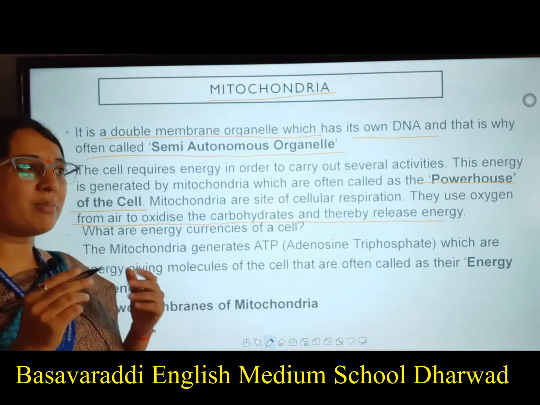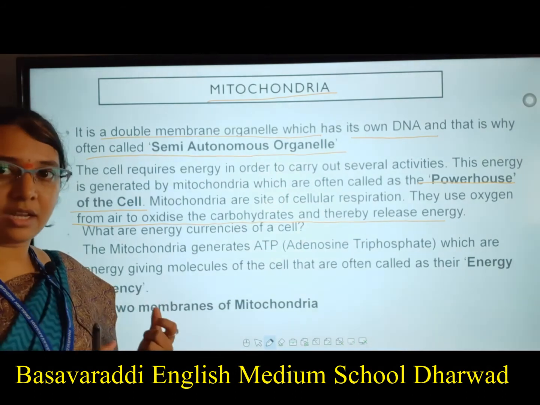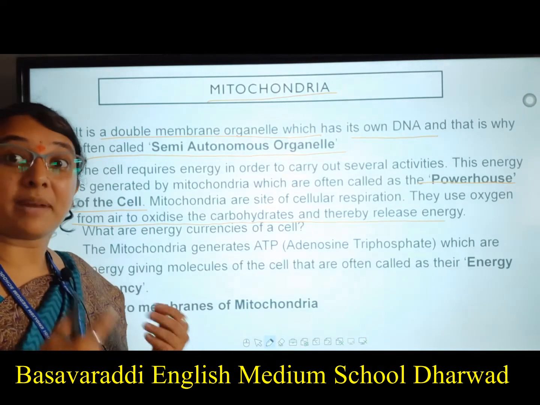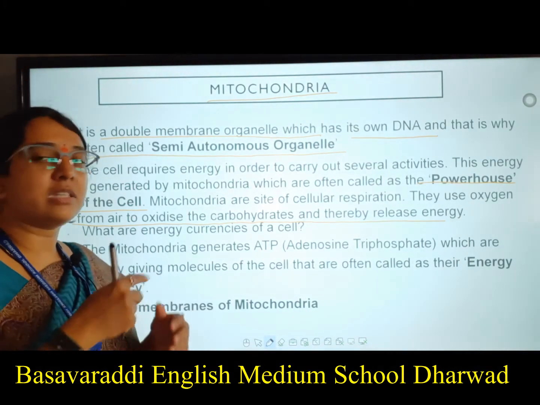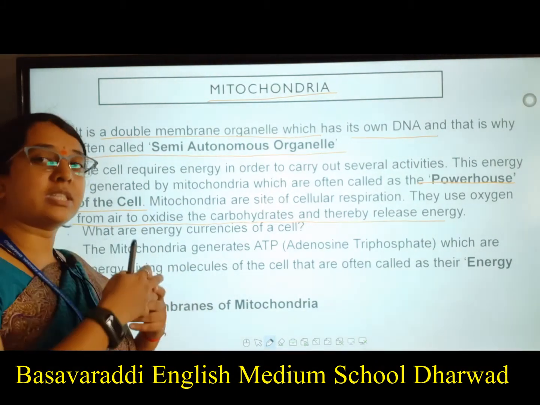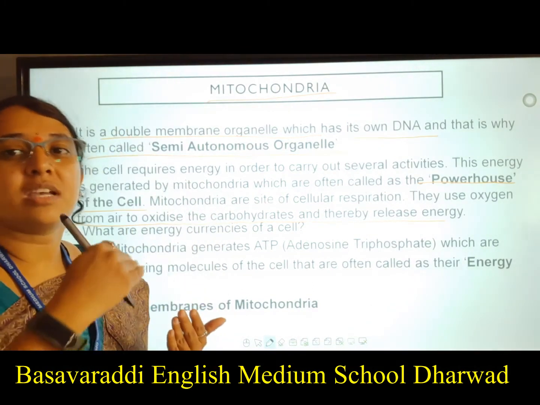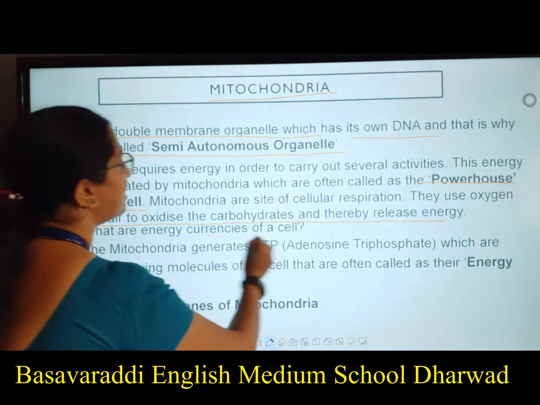The main simple way is they take up oxygen from the air, and whatever food, that means carbohydrates, proteins, whatever is present in the food when we are doing the digestion process. They are broken into simple forms of carbohydrates, proteins and lipids, and taken to the cell. Here mitochondria takes those carbohydrates and forms simple forms. What are the energy currencies of a cell?